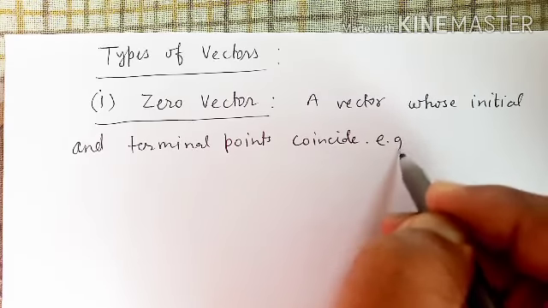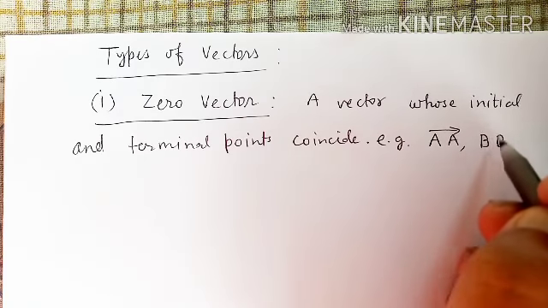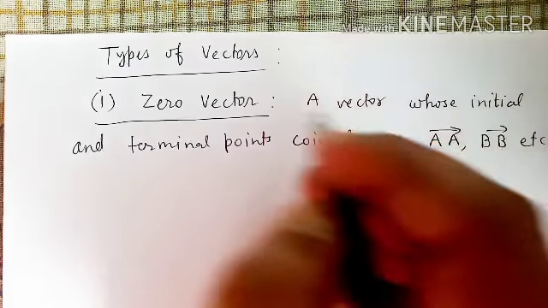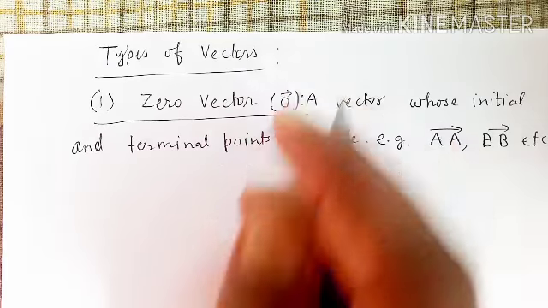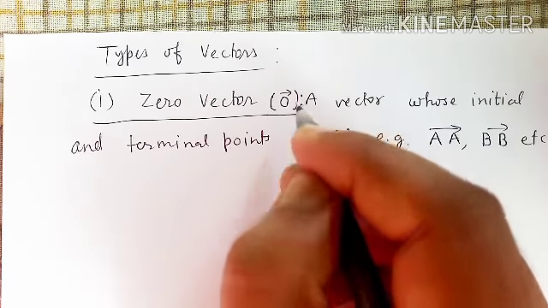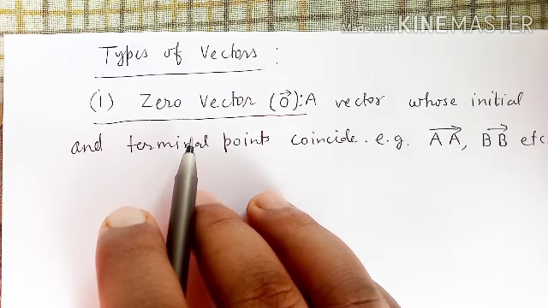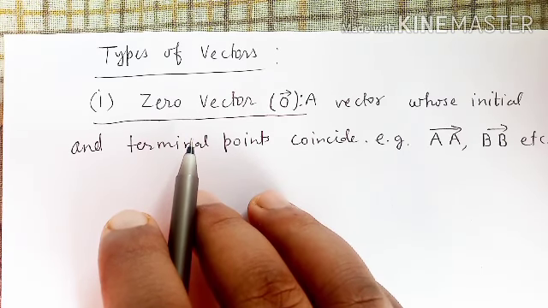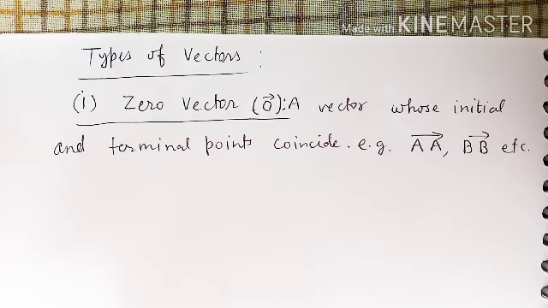For example, vector AA, vector BB, etc. It is represented by arrow above 0. We can say it has no direction or all directions, but zero magnitude.